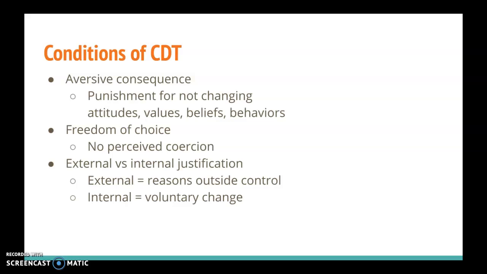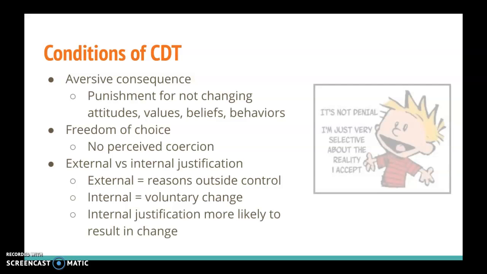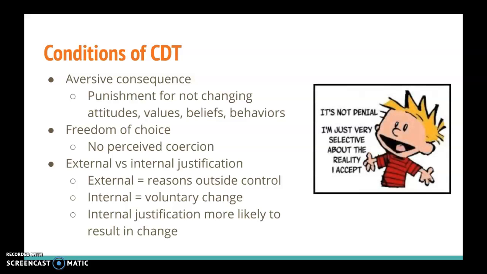So external justification is something that is outside of our control, and internal justification is something that is within our control. And so predictably, if we are using internal justification in our persuasive message, this is much more likely to result in the change that we want to see.